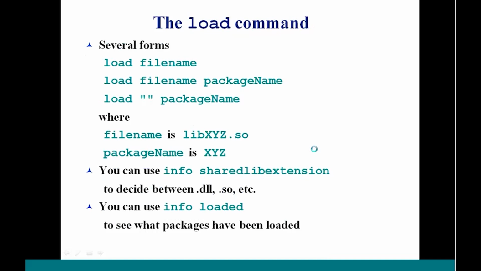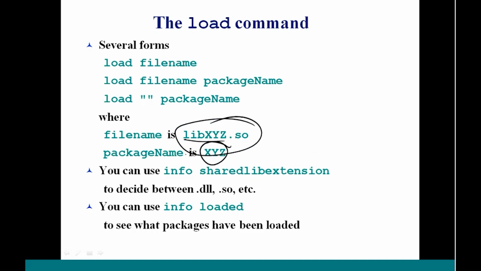Now the load command can have several forms: load file name, or file name and package name. The file name is tagged like xyz.so, so it is the compiled form of the library, and the package name is xyz.